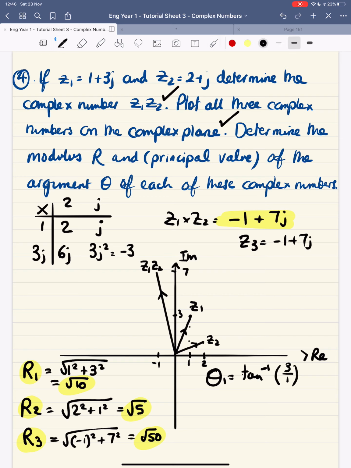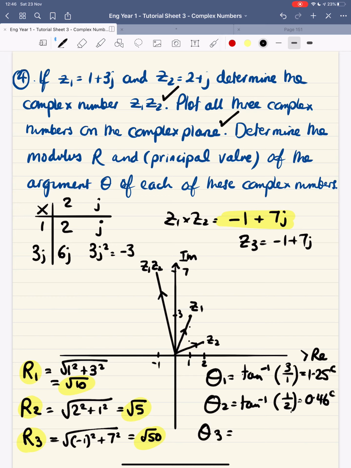Okay, so that's calculator and use radians. Shift setup, shift tan inverse 3 over 1, which is 3, so 1.25. Theta 2 is going to be tan inverse of 1 over 2. So tan inverse 0.5 is 0.46 radians.